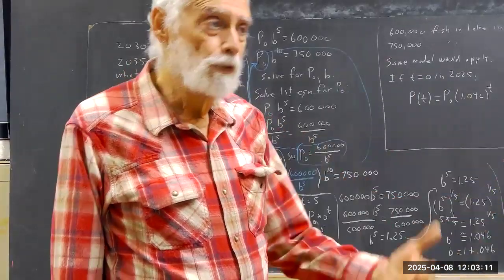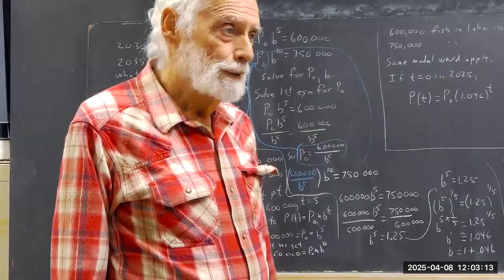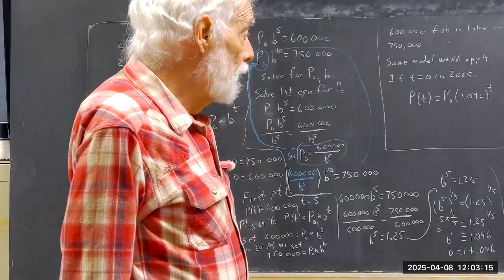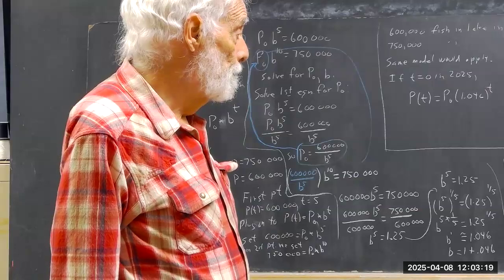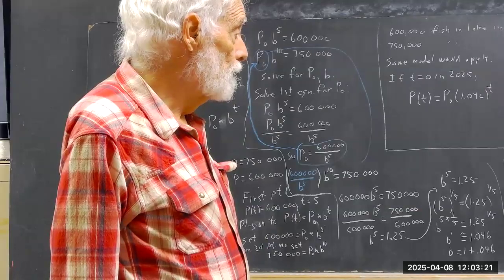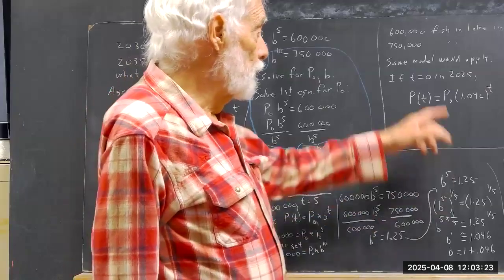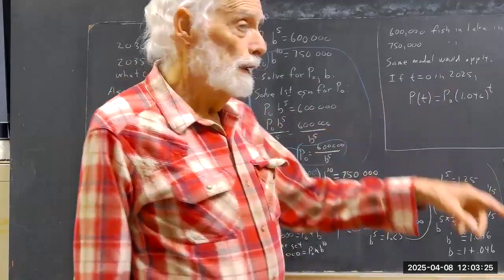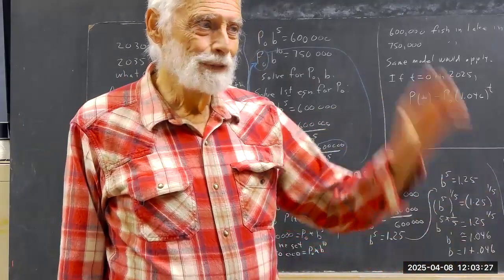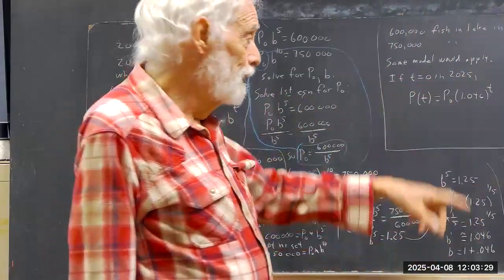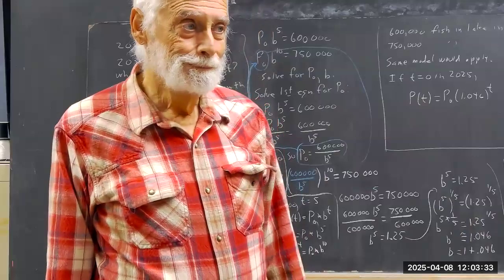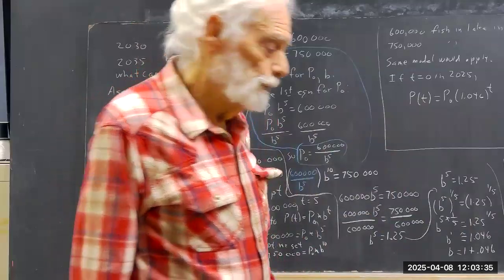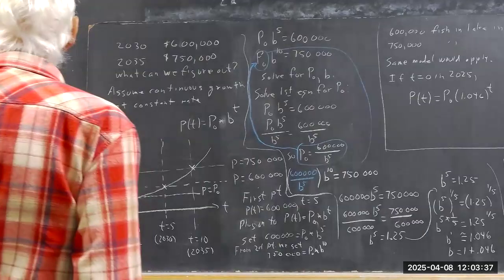The fish population goes up 4.6% per year. And if you want to know how many fish there were way back in 2025, 10 years earlier, you have this data, so you can extrapolate back and say there must have been about 480,000, plus some change.